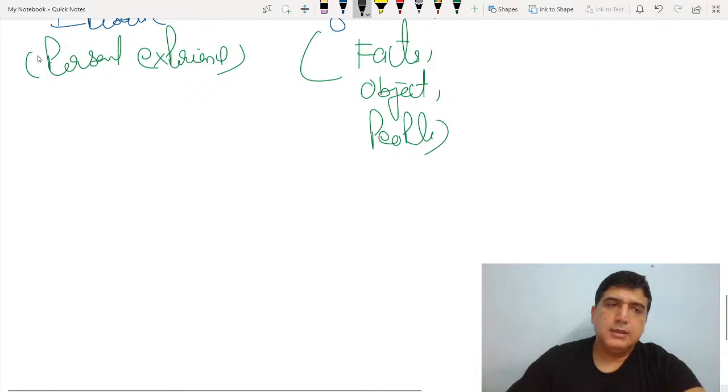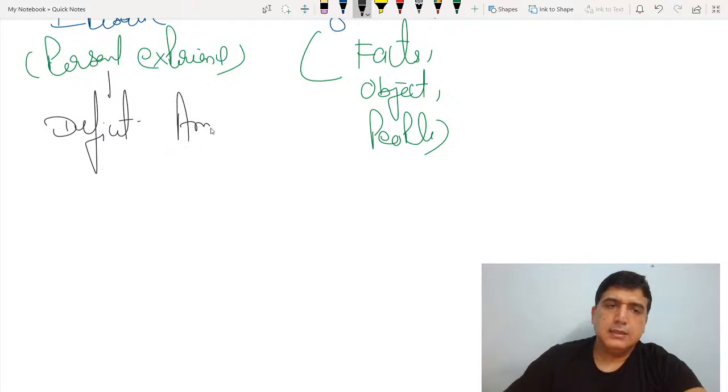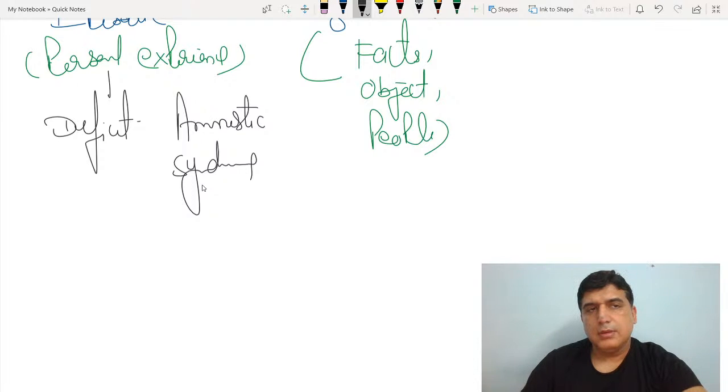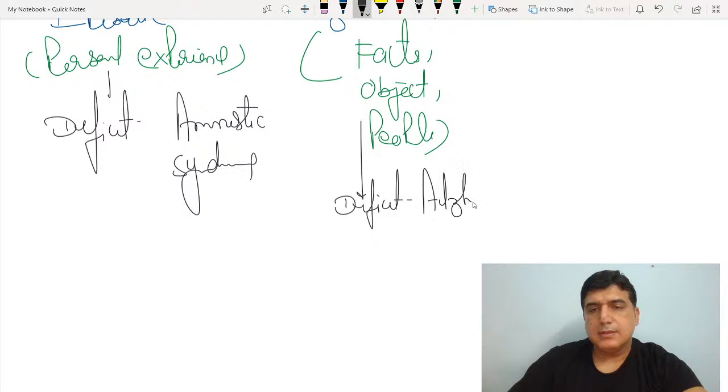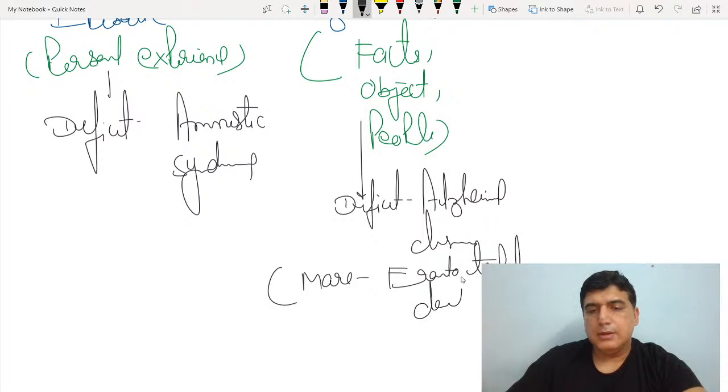Episodic memory deficit occurs in amnestic syndrome. Semantic memory deficit occurs in Alzheimer disease, more in frontotemporal dementia.